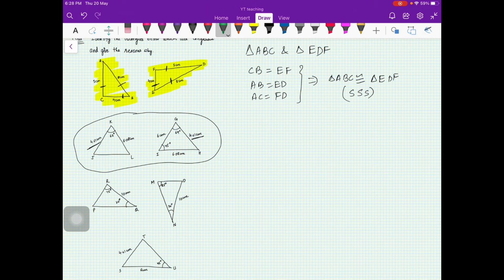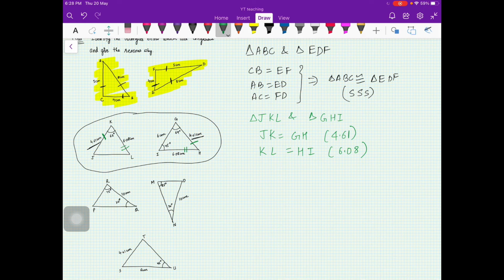In triangle JKL and triangle GHI, side JK is the same as side GH, each equal to 4.61 centimeters. And KL is equal to HI, each equal to 6.08.